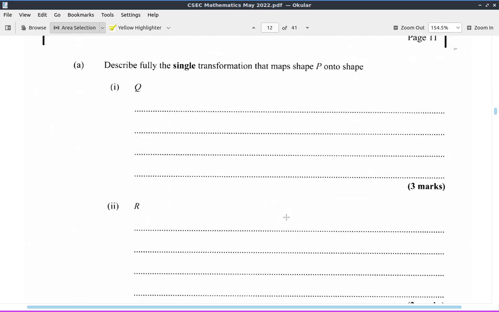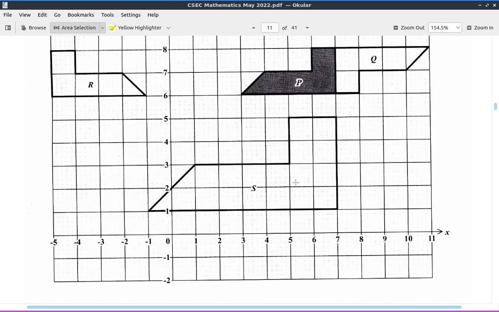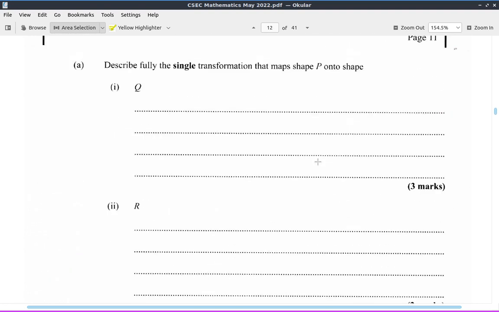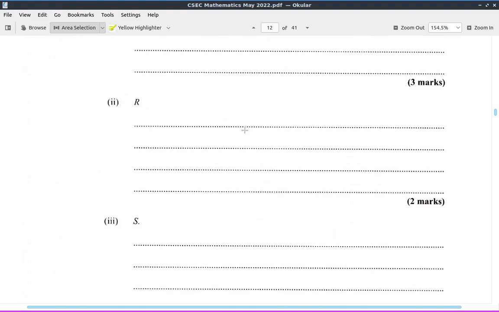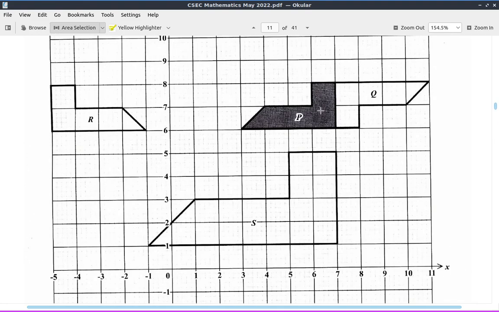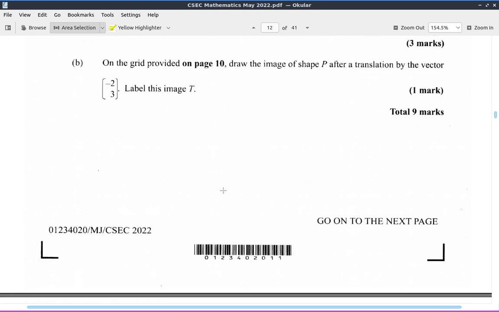We're going to look at the transformations that map one onto the other. And it seems like you're going to describe it in words, right? You're going to write them down in words. Q onto P, Q onto R, and then Q onto S. Okay, I'm going to describe those in words.